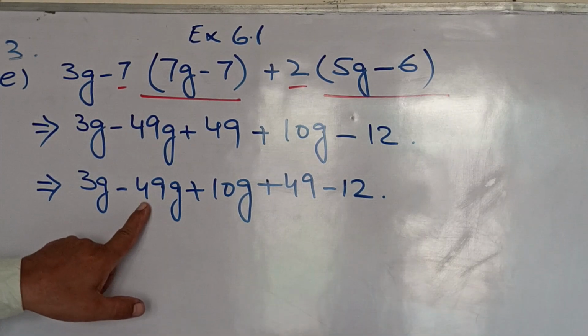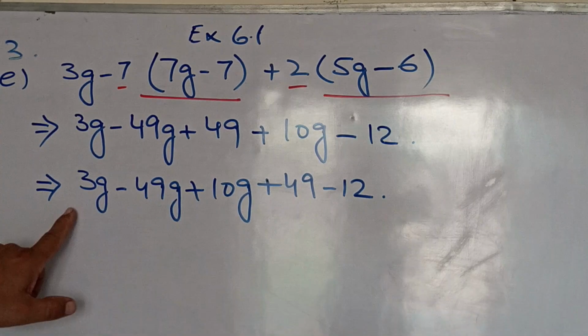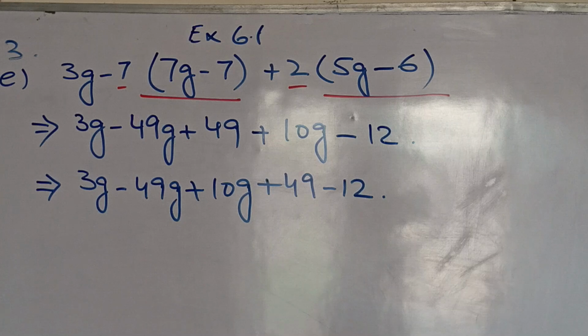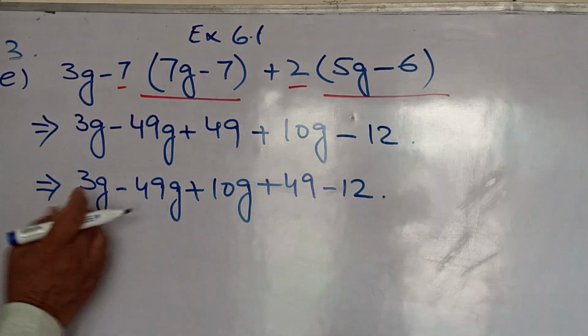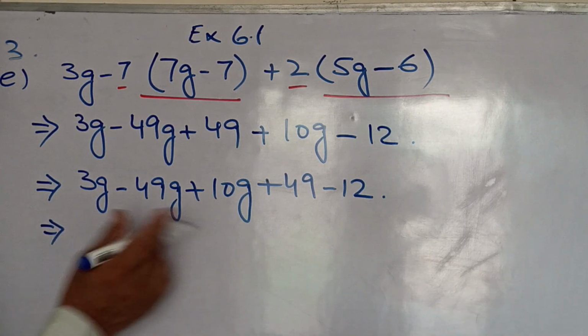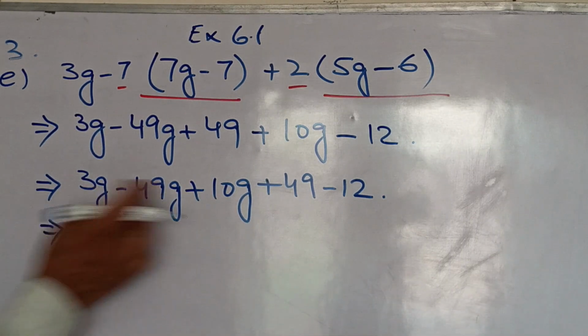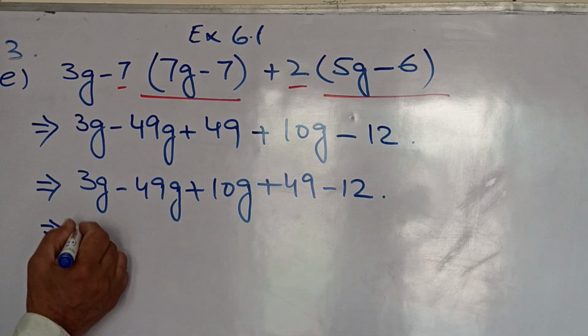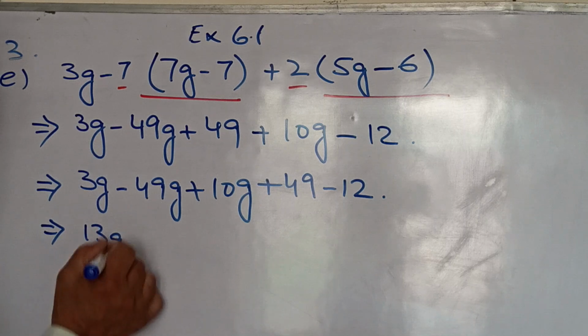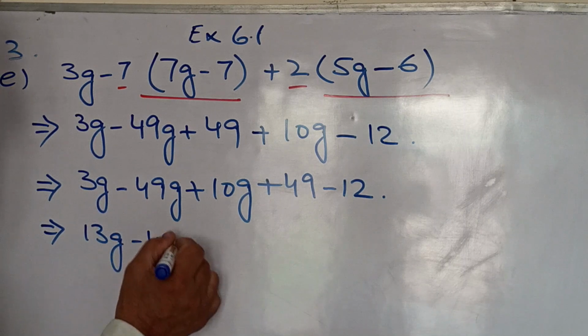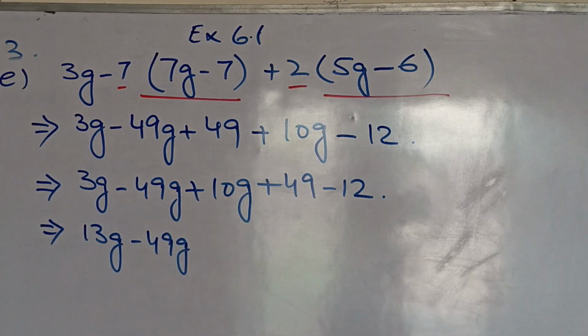Now you see there are two positive and one negative sign. Okay. Now gather the positive signs. This 3, this 10 and this 3 will become 13g minus 49g, and just complete this also. 49 minus 12, 37.